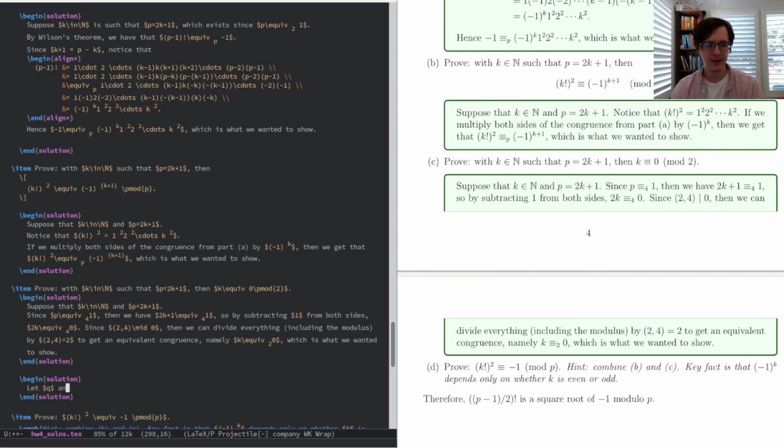Let q and r in the integers be such that k is 2q plus r, and 0 is less than or equal to r is less than 2. So division algorithm.